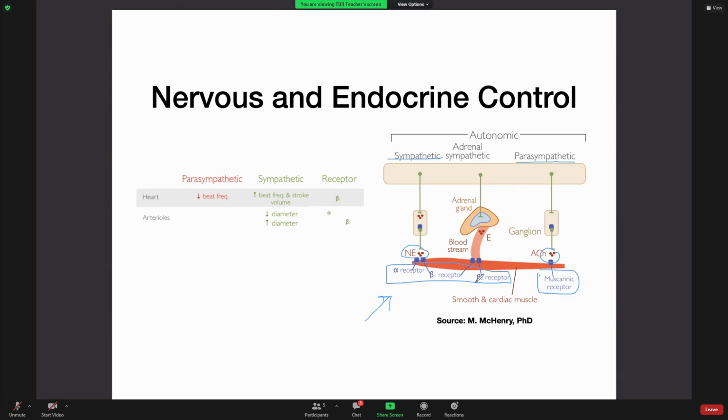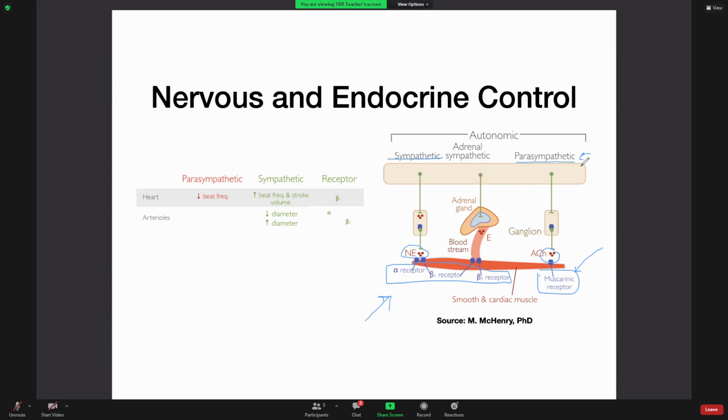We'll talk more about agonists versus antagonists in a later lecture, the endocrine lecture, because that's a lot of hormonal signaling. But let's say we have a muscarinic agonist, something that activates muscarinic receptors. Well, that will mimic a parasympathetic response. If we have a muscarinic antagonist, it'll do the opposite of a parasympathetic response.